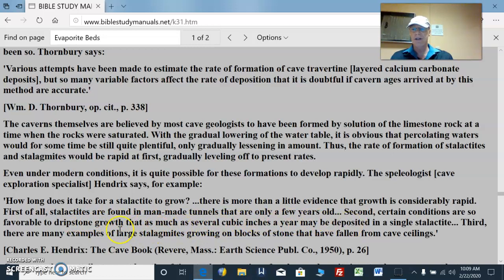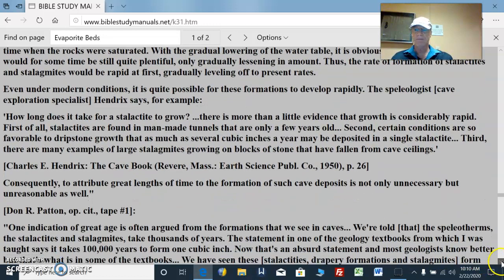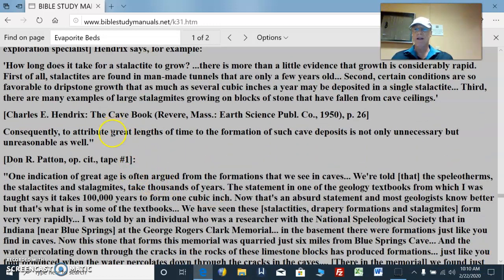Second, certain conditions are so favorable to dripstone growth that as much as several cubic inches a year may be deposited in a single stalactite. Third, there are many examples of large stalagmites growing on blocks of stone that have fallen away from cave dwellings and ceilings. Consequently, Hendricks says, to attribute great lengths of time to the formation of such cave deposits is not only unnecessary, but unreasonable as well.